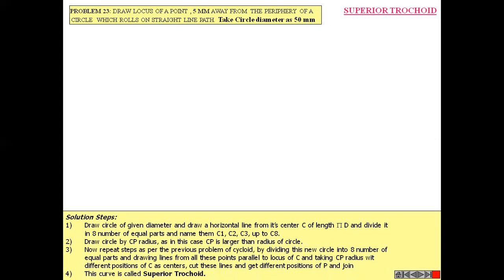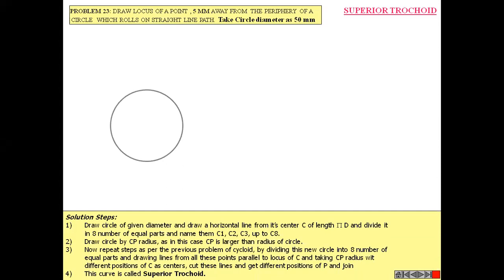So considering the same diameter of the circle, we will generate the superior trochoid. So again you have to repeat the process.